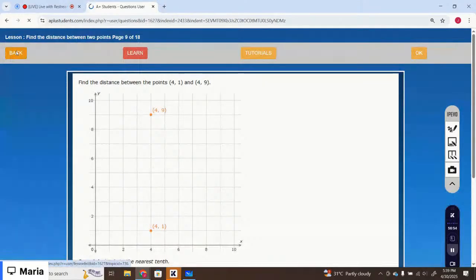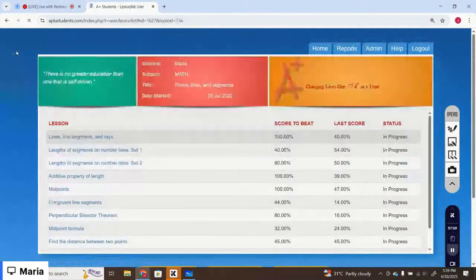So we were working on grade 10 math. The chapter we're working on is points, lines, and segments. The lessons we have covered today are congruent line segments, perpendicular bisector theorem, midpoint formula, and find the distance between the 2 points.